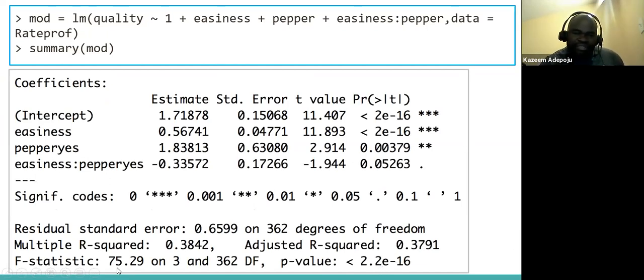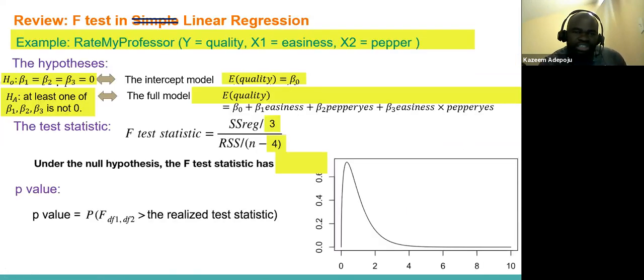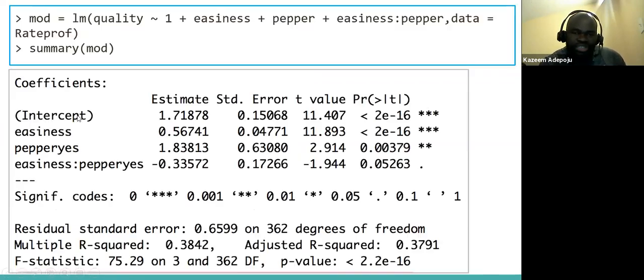So the p-value here will enable you to take a decision regarding the F test, regarding the hypothesis that we're testing right here. But the p-values that we have right here will enable you to take decisions regarding the intercept, regarding the easiness, regarding this and so on.